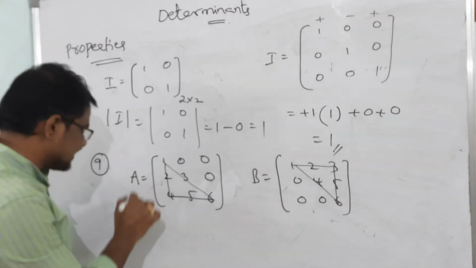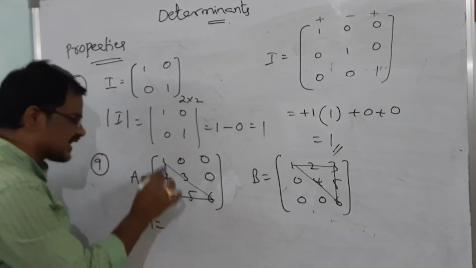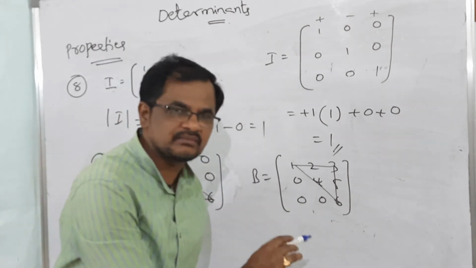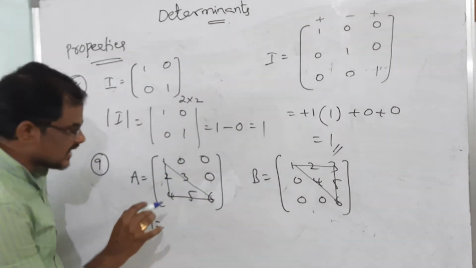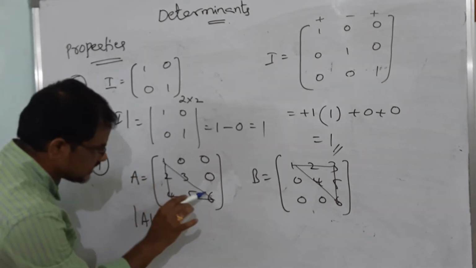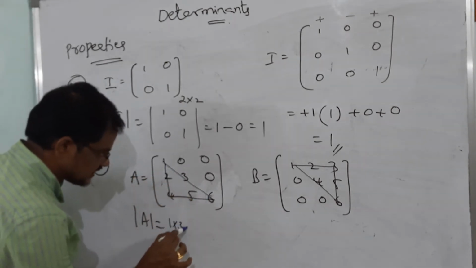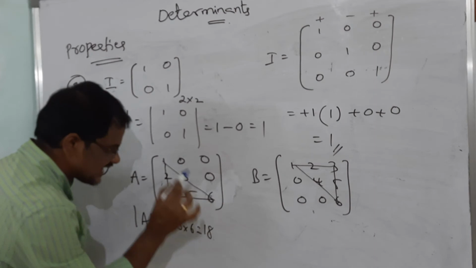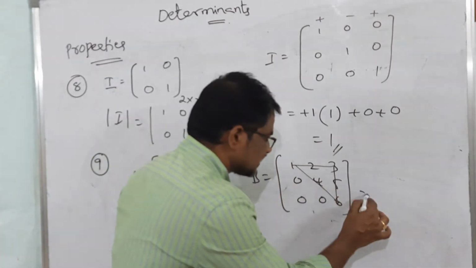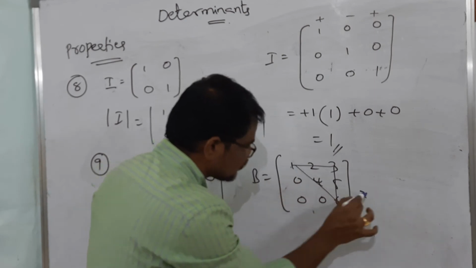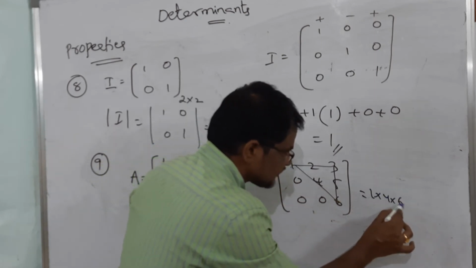If you take the determinant of either the lower triangular matrix or the upper triangular matrix, just you will get 1 into 3 into 6, that is equal to 18. For the other one you get the principal diagonal elements 1 into 4 into 6.